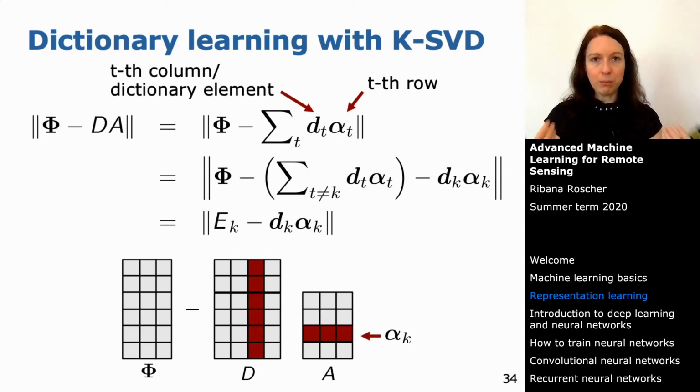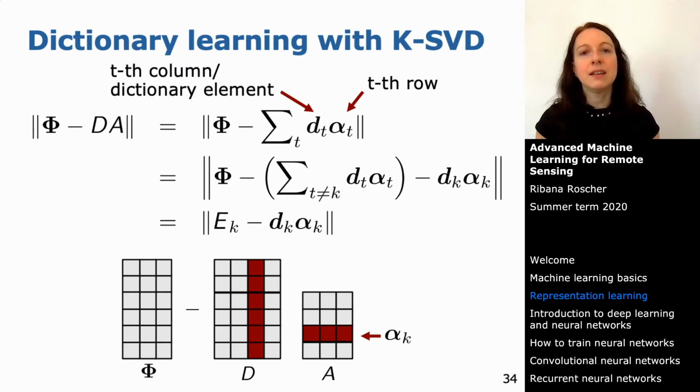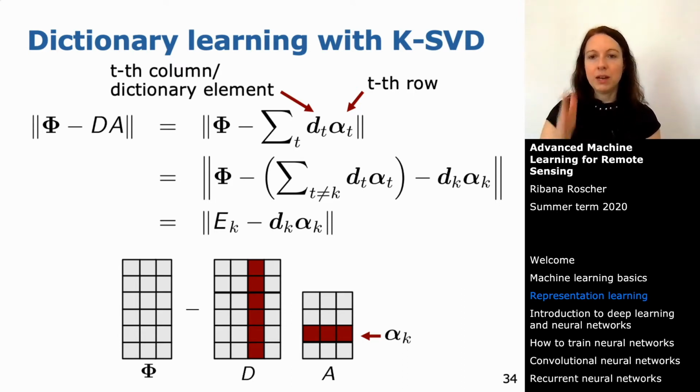So you separate the kth element from the sum. The sum without the kth element is summarized in an error matrix E, and this is exactly the error resulting from all elements except the kth one. Indicated here in this illustration below, the red column is the kth element, which we are currently looking at, and then you have the row in the activation matrix, which is assigned to exactly this dictionary element.